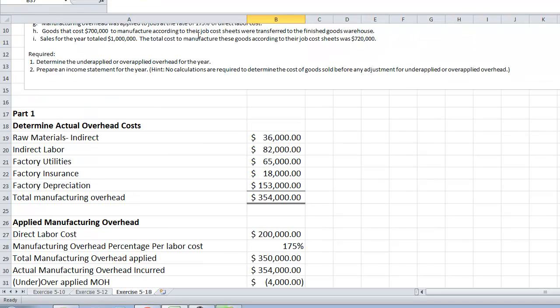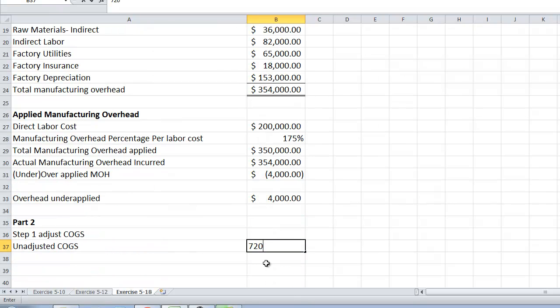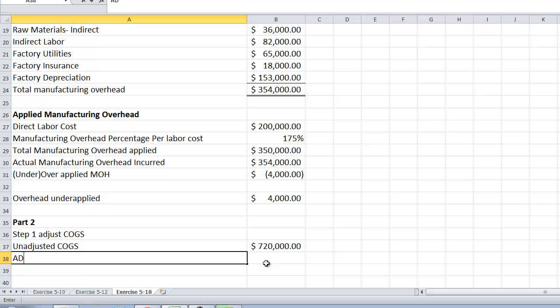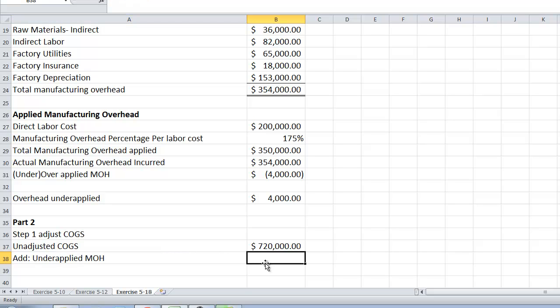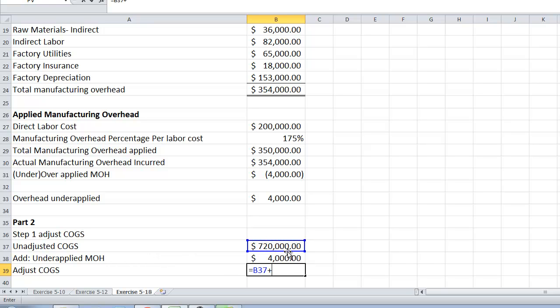So they said cost of goods sold was 720,000. Add under applied manufacturing overhead, which is 4,000. Adjusted cost of goods sold equals the 720 plus the 4,000 that we under applied.